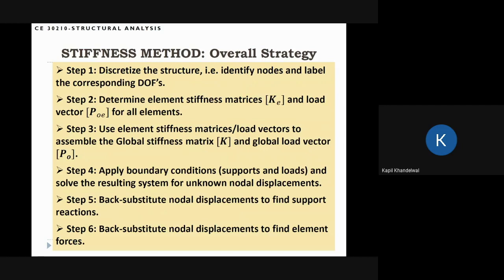So this is now the overall strategy of the stiffness method, the important steps that are needed in this method. Step number one: whenever you have a structure that is given, first of all you have to discretize the structure. It means that you have to divide the structure into elements. This typically includes identifying the nodes, where you want to put the nodes in the structure, and labeling the corresponding degrees of freedom.